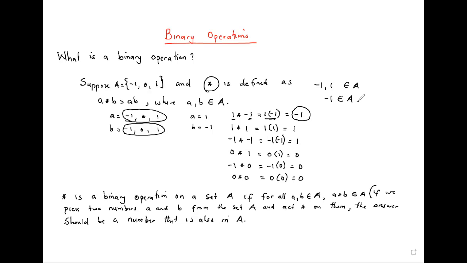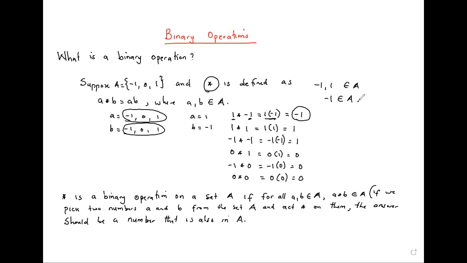You always talk about an operation being binary on a specific set. It will only be binary on that set on a serious condition that if I pick two elements of that set, whatever I do to them, the solution that I get should also be an element of the same set.